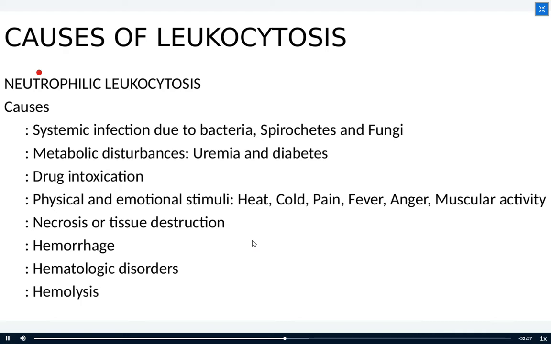What's the name of that bacteria classified as a spirochete? Come on, class.